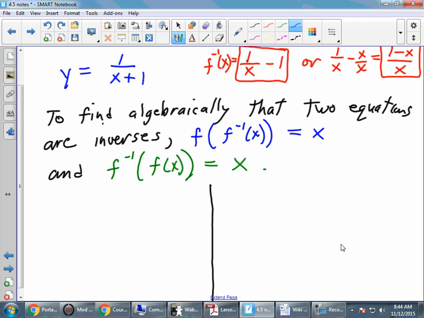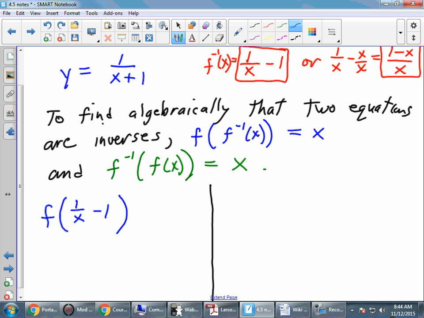So f of f inverse of x. So how is that going to look? Instead of saying f of x, what's the new f going to be? Well, or what's the new x going to be, I should say. What was the inverse, Keely? 1 over x minus 1.